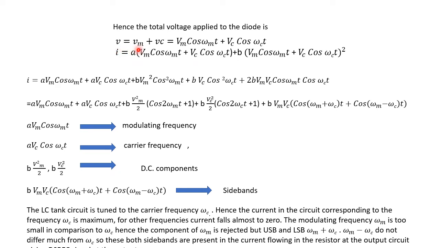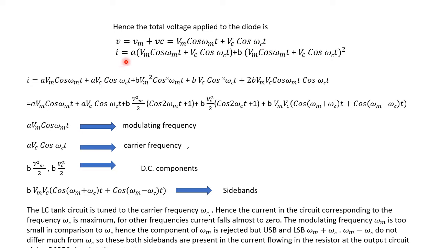As in the previous slide, I have described that the total voltage across the diode would be vm + vc. So it is Vm cos ωm t + Vc cos ωc t.